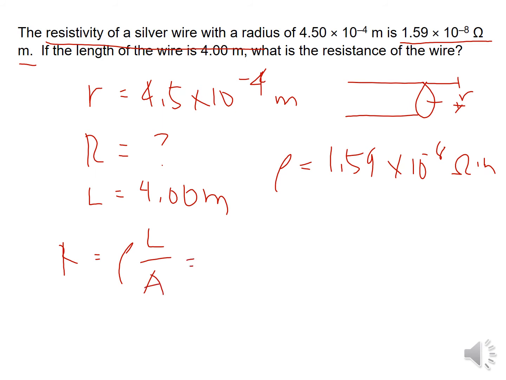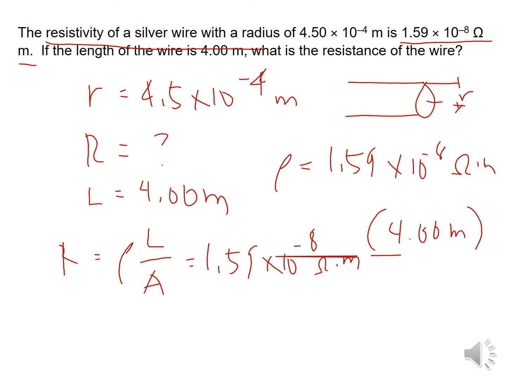So this is equal to rho, 1.59 times 10 to the negative 8 ohm meter, multiplied by length, 4.00 meters, divided by the area. How to compute for area? The area is, again, pi r squared. So pi multiplied by 4.5 times 10 to the negative 4 meter squared.